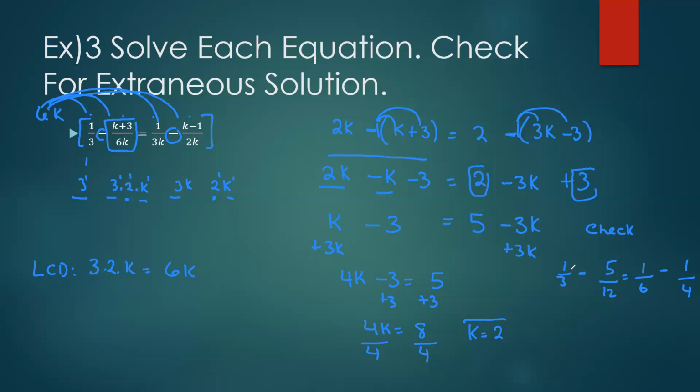I need an actual number, so that would be -0.08. Now do the right side, 1/6 minus 1/4. That's also negative 0.08. The left does equal the right, so it's true. This concludes, wait, what's our answer? K equals 2. Okay, so that is our final answer.